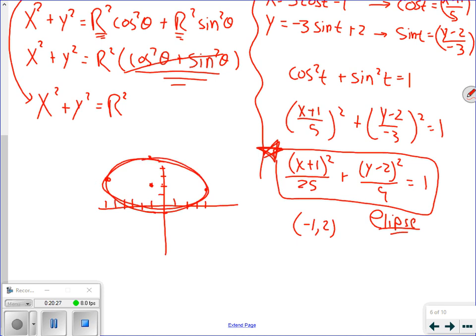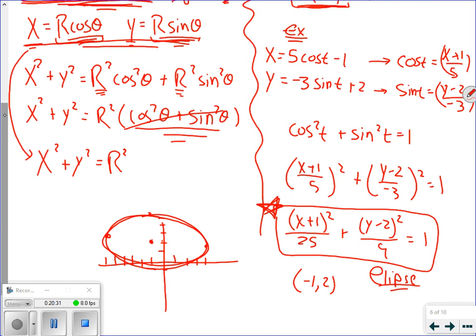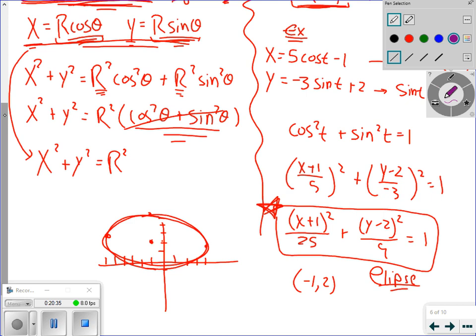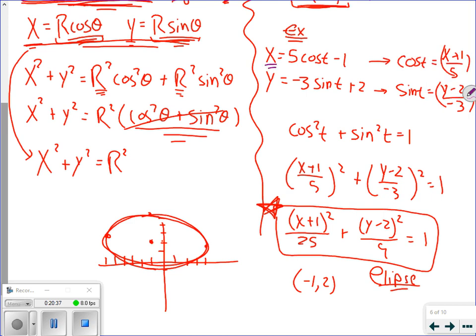It's pretty cool. So the biggest thing I want you to take away from this slide is if you want to eliminate a parameter that is in a circular form, that's whenever you have x and cosine and y and sine together, this is the process to do that. If it's got anything other than just cosine and sine, it's going to be like an ellipse.